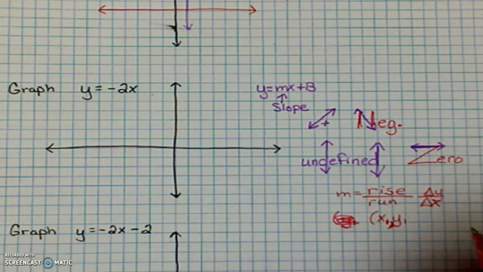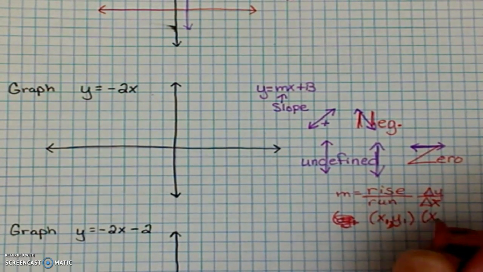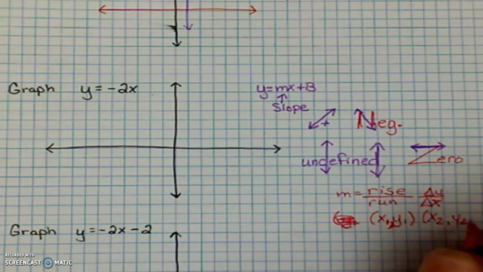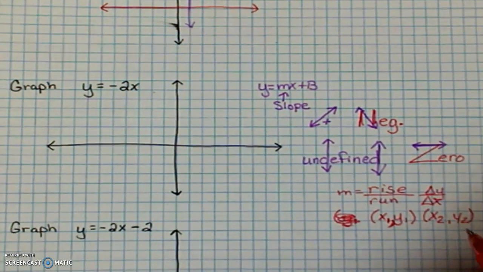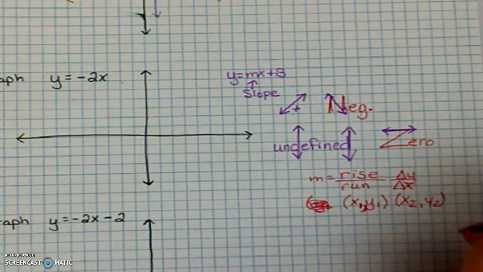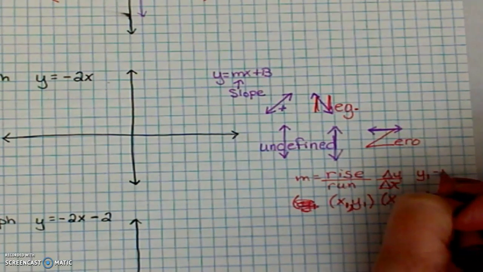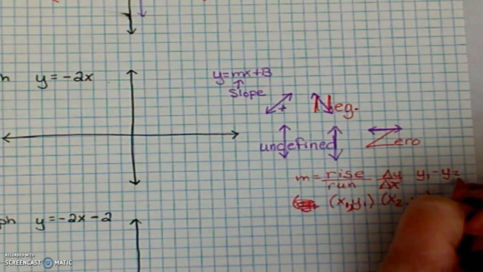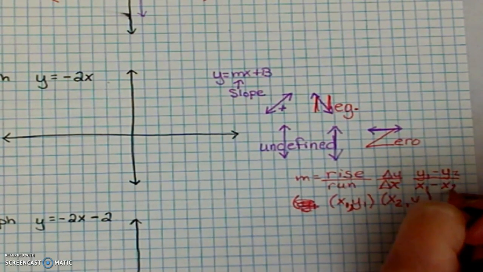Those are subscripts of 1 designating 1 point. And your other point is x sub 2, y sub 2, the second point x value and the second point y value. So when we talk about slope being the change in y over the change in x, you take one y value and subtract the other y value from it, and then take one x value and subtract the other x value from it.